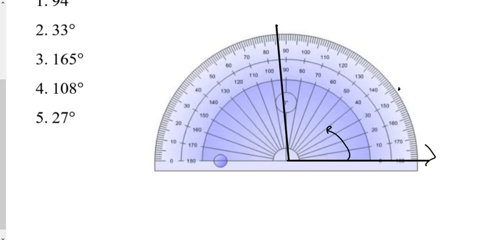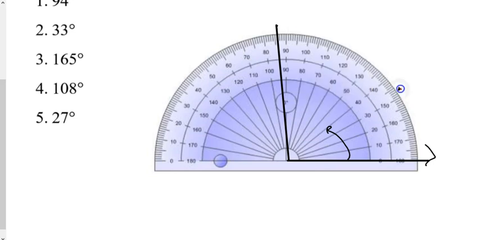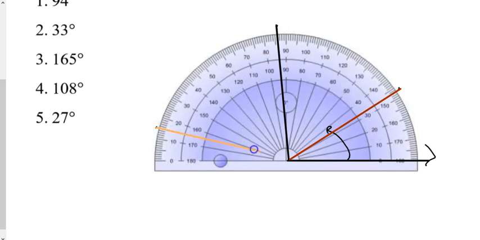And then I'm going to take my straight line and connect from here to there, and that is 33 degrees. 165, where would that be? Well, I would go all the way past 160 out here to 165. I would take my straight edge, and using a different color, I would connect this dot to this dot.